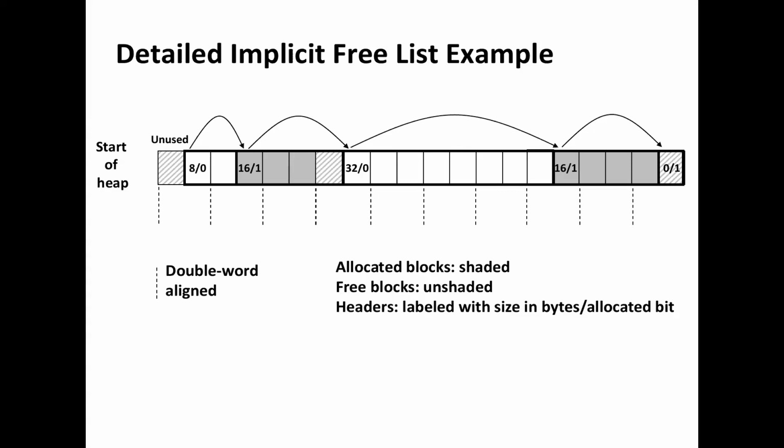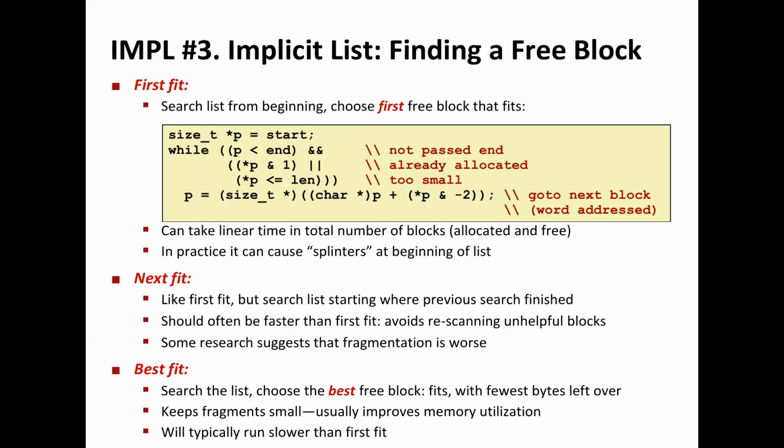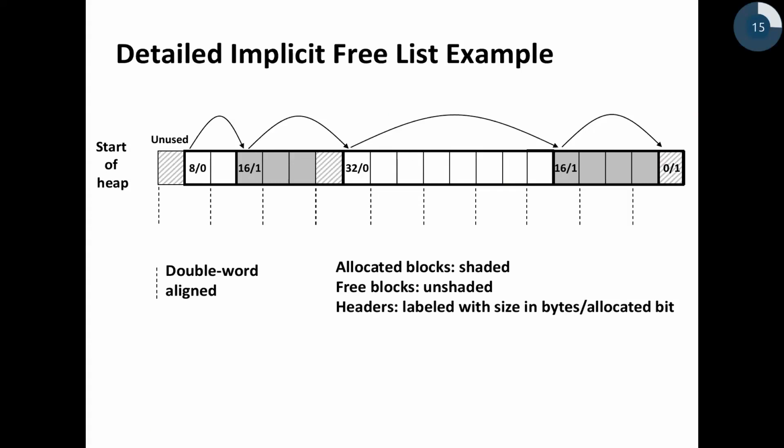Okay, anyway, let's look at the algorithm, right? Previously I looked at this more informally. Let's have a more formal algorithm. First of all, the starting point, let's assume that the starting point is already after this unused space, right?